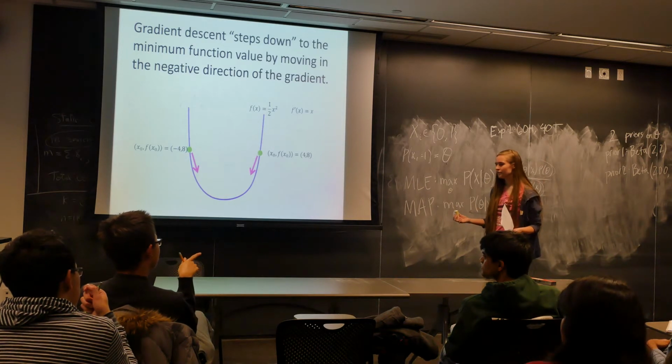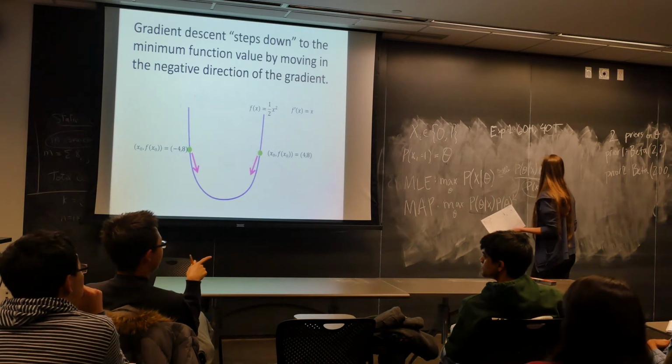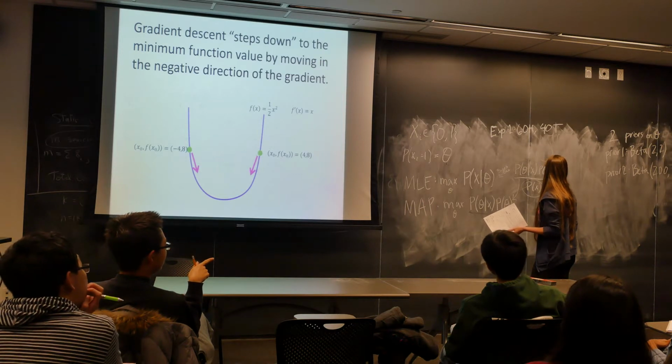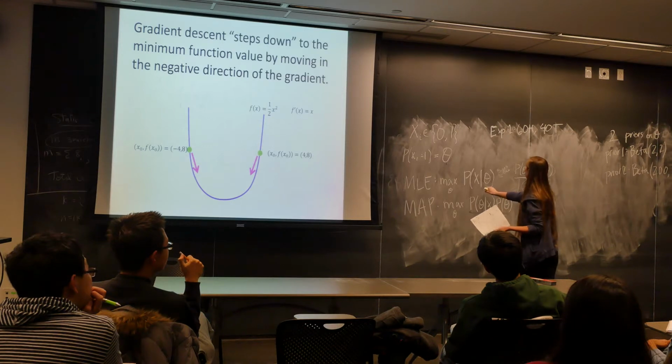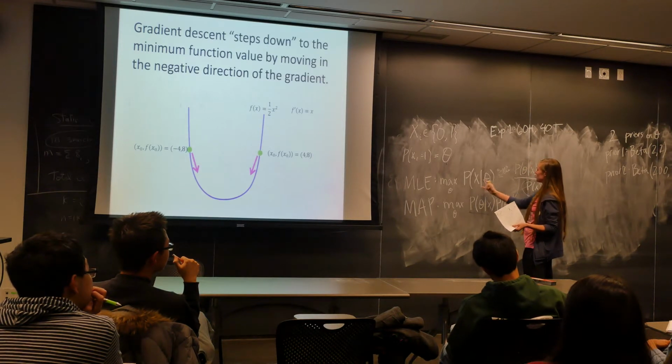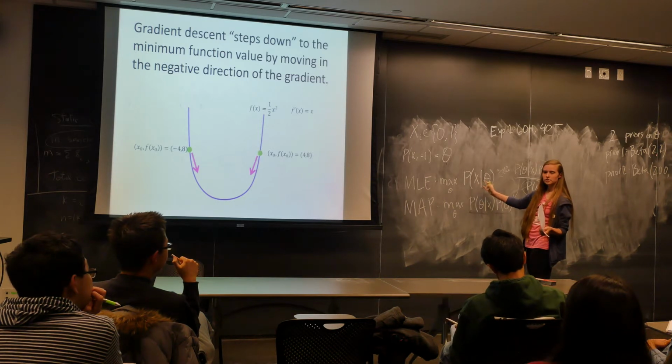Isn't Bayes' rule probability of x given theta and probability of theta? So here, Bayes' rule is a way that you can flip these two things.